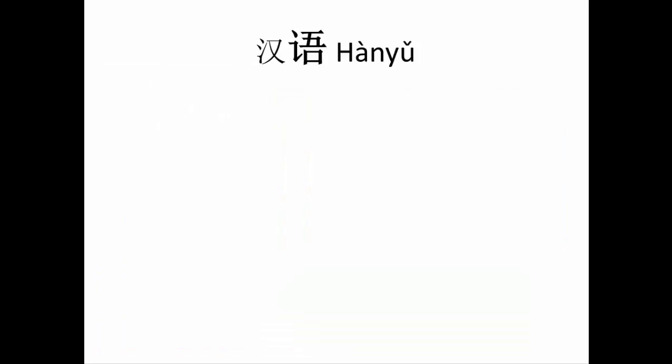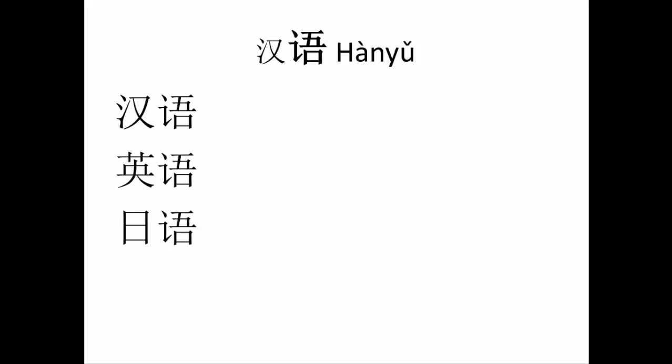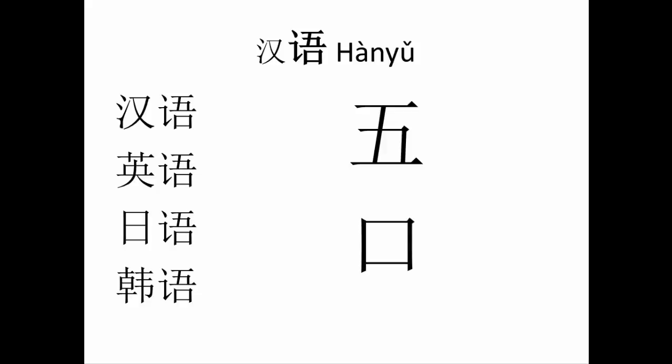The next character you have to copy is yǔ, language. We see this in Hànyǔ, Yīngyǔ, Zhōngyǔ, and any other language we want to talk about. The radicals are speech, and then we have 五, which rhymes with yǔ, wǔ, and mouth, because we're talking about language.